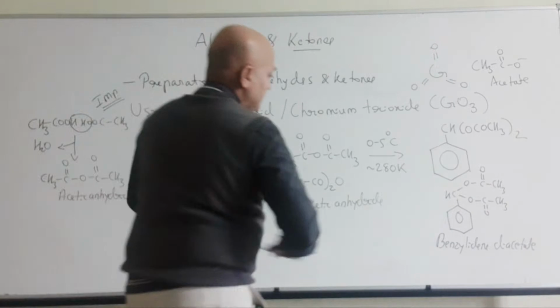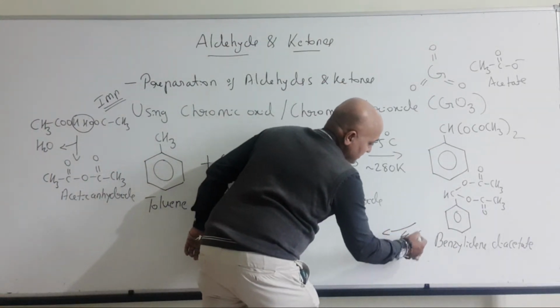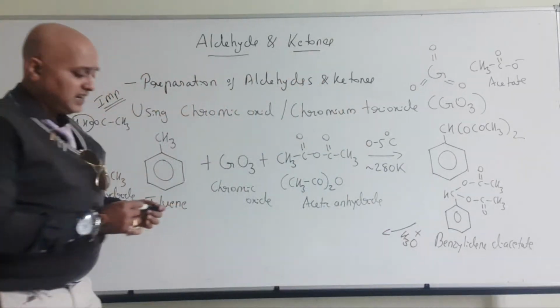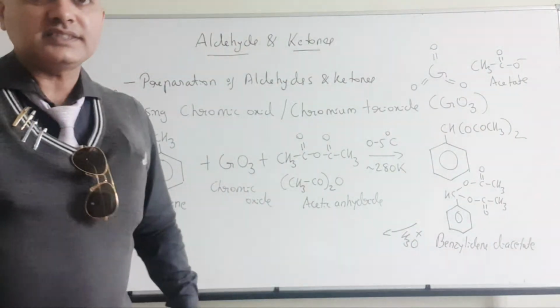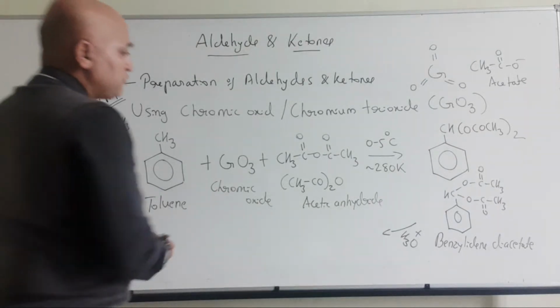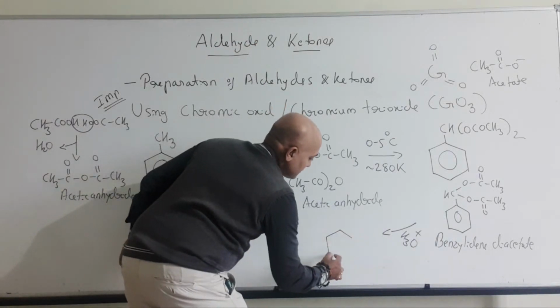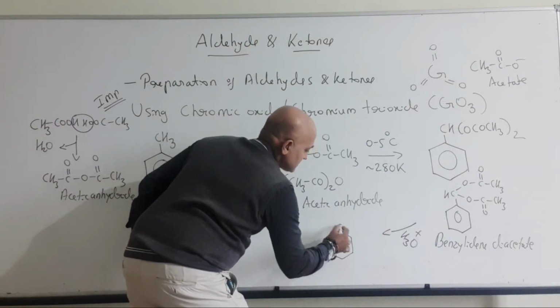So final step here is acid hydrolysis. Both the things will be there. In some cases, they have mentioned alkaline hydrolysis. In both the cases, it will give rise to the product. So I will go with the textbook. Acid hydrolysis. The product will be once again benzaldehyde.